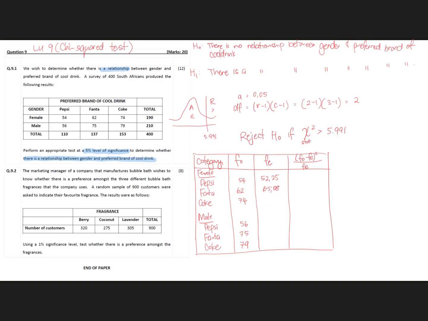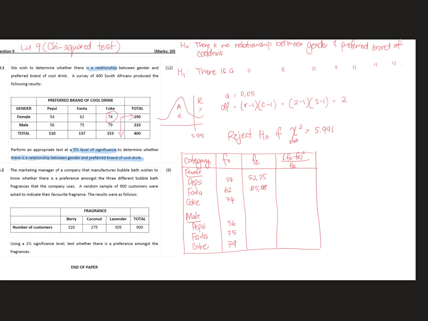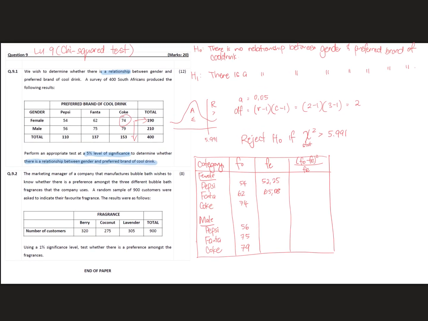Then the next one is 74. So go to the 74 in the table. So here 74, row total is 190, multiplied by column total is 153. So 190 multiplied by 153 divided by the total of 400. And that would give you 72.68. Now you're done with that.